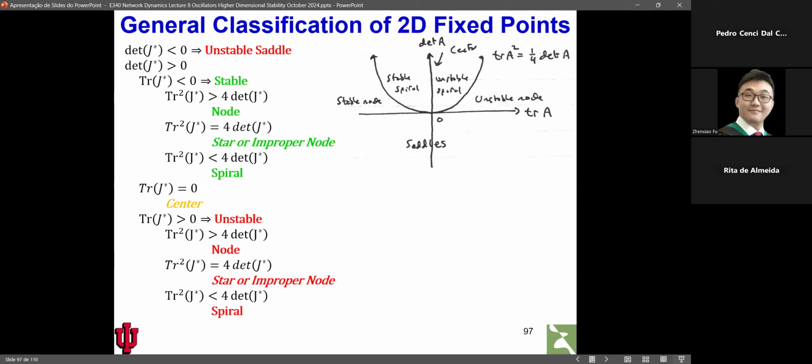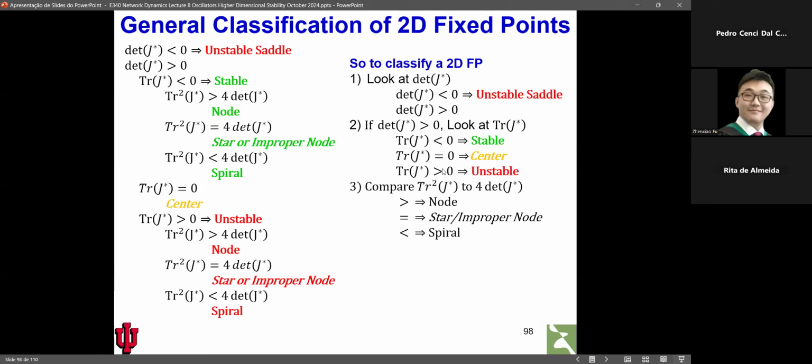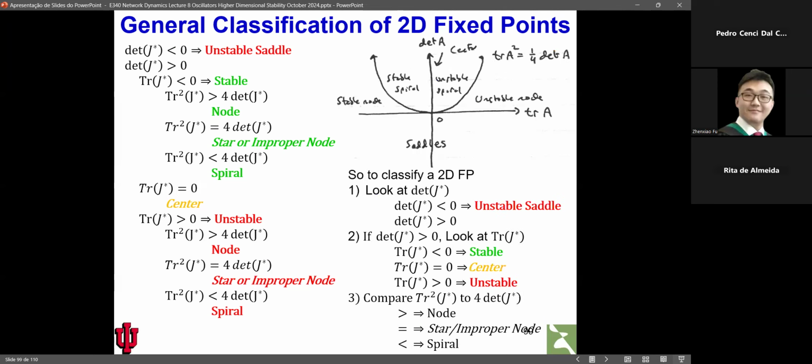Maybe a good exercise is just repeating this figure by yourself. This is what to do to classify the two-dimensional fixed point, and then you can reproduce all of this figure here.